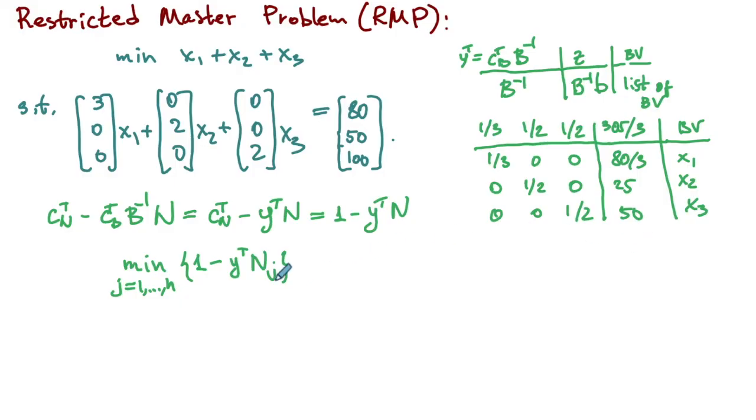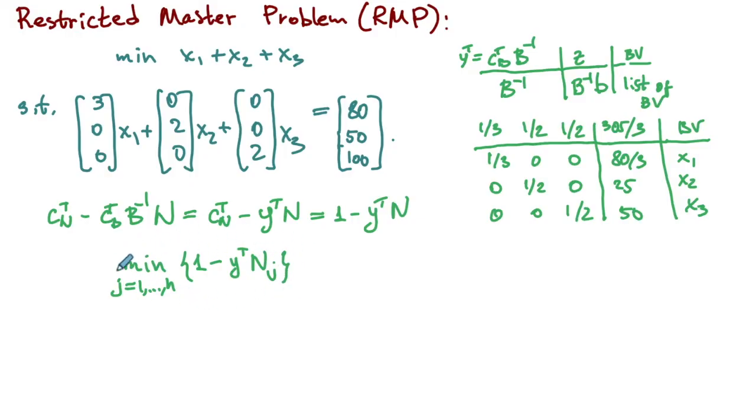But then if this reduced cost is in fact less than 0, then we will have an entering variable that we'll need to use in order to improve the current solution and update our restricted master problem with an additional column. So this process is what we call the column generation, and to generate our column we need to produce the optimal solution to this problem.